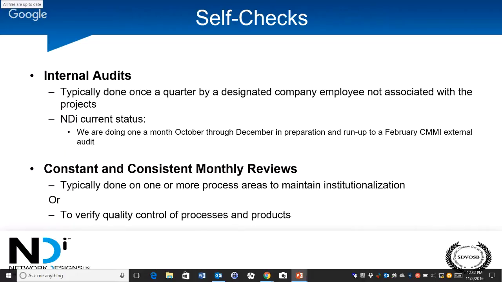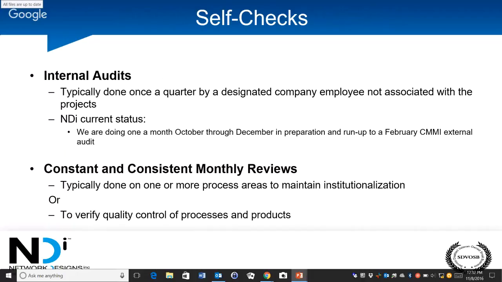We look at the policies and procedures that are in play, and we say we do things, and then in reality, are we doing that? And we look at all of the various artifacts such as emails and meeting notes and project charters, all those kinds of things, and say, are we following what we say that we do in setting up and running a project? So typically that's done once a quarter.